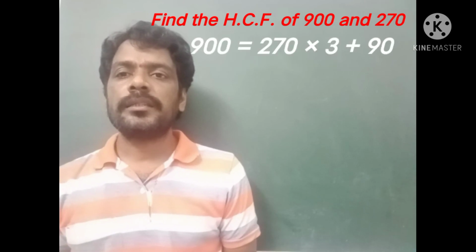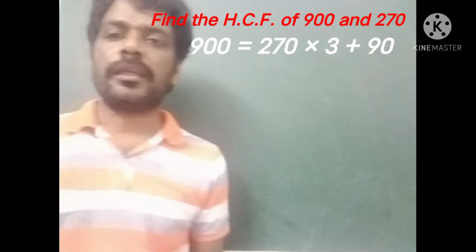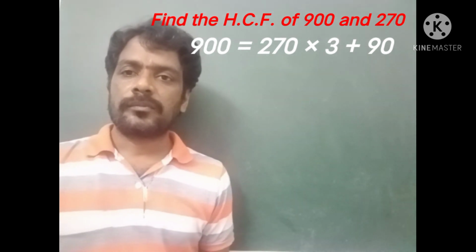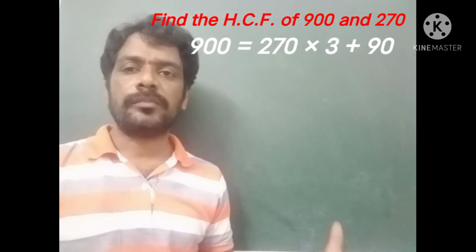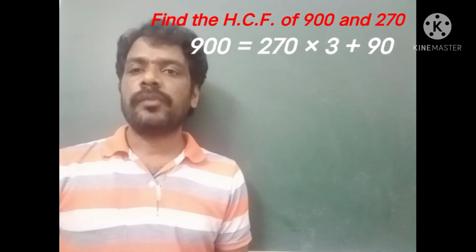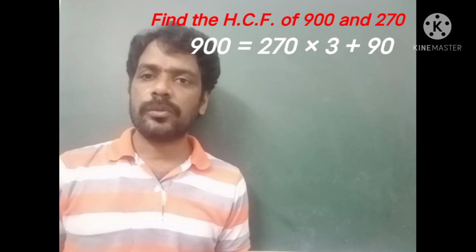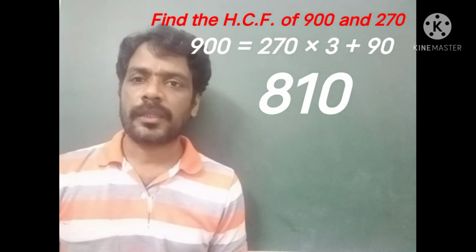This 900 is equal to 270 into 3 times, and we get some remainder. So 900 we can express as 270 into 3 times, that is nothing but 810.